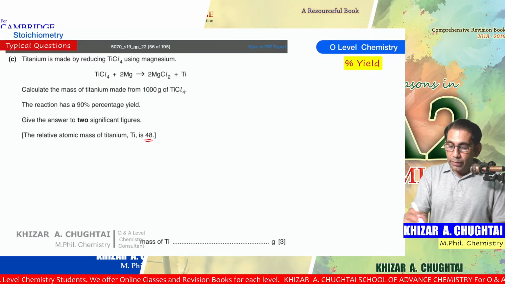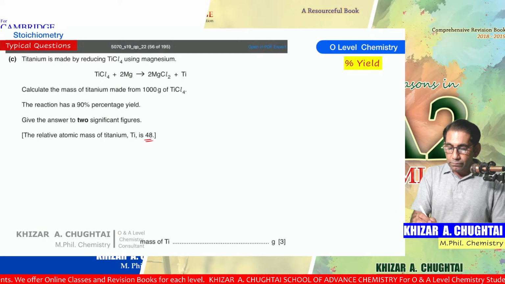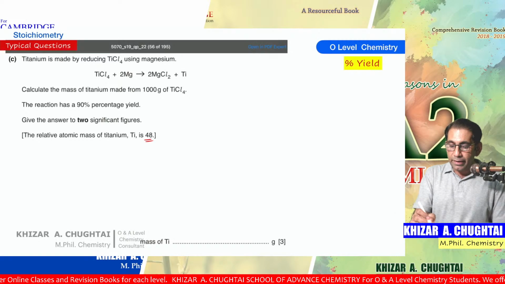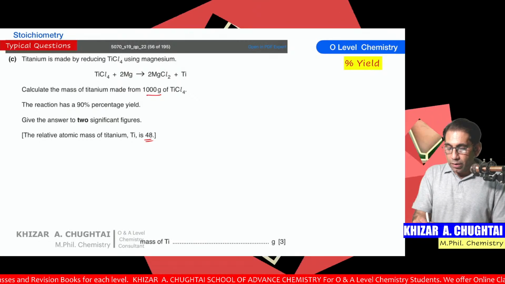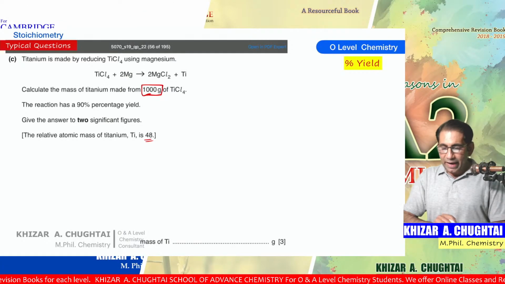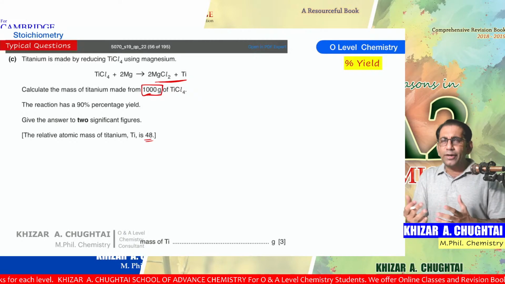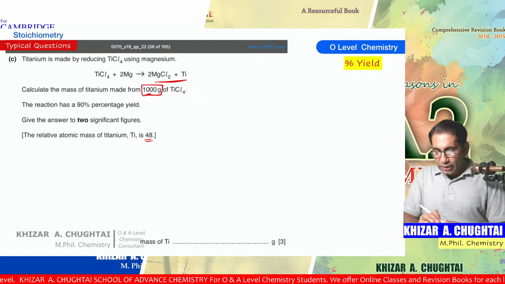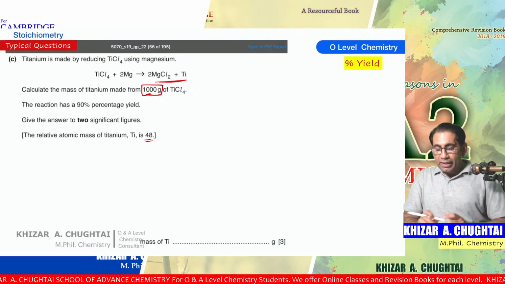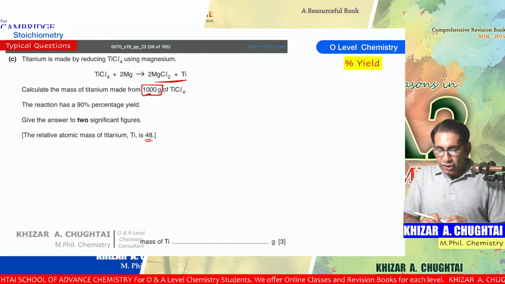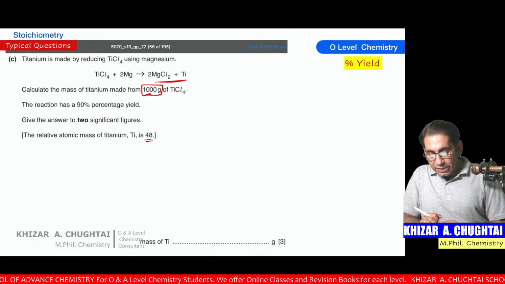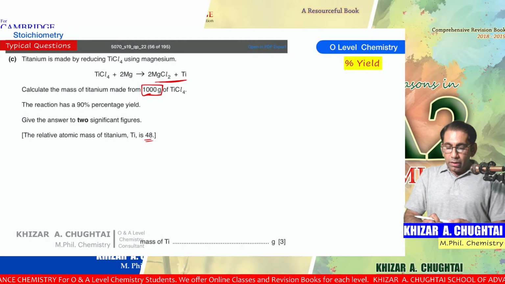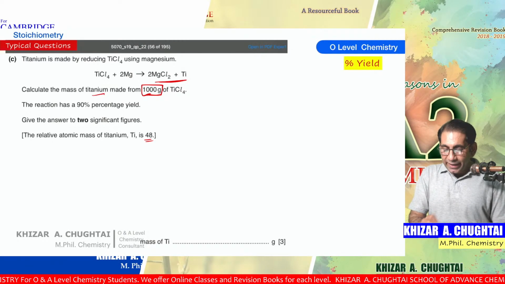We are going to calculate the mass of yield that is made from TiCl4. This is the basic reactant. These both are said to be the yield, not only MgCl2. So what will be the answer if the percentage yield is 90%? Once again, calculate the mass of titanium.